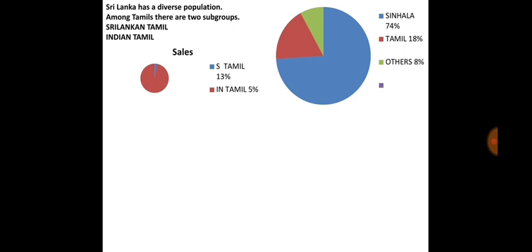There are 13% Sri Lankan Tamils and 5% Indian Tamils that went there as farm laborers or workers from India, mostly from the Tamil Nadu state. Most of the Sri Lankan Tamils are concentrated in the northern and eastern part of the country.